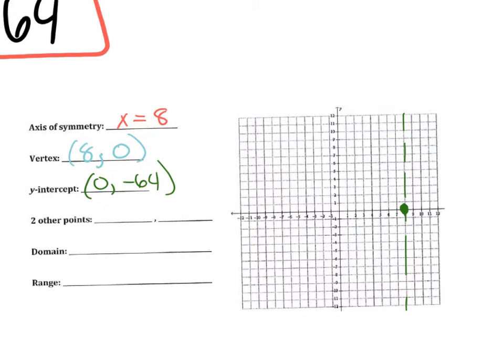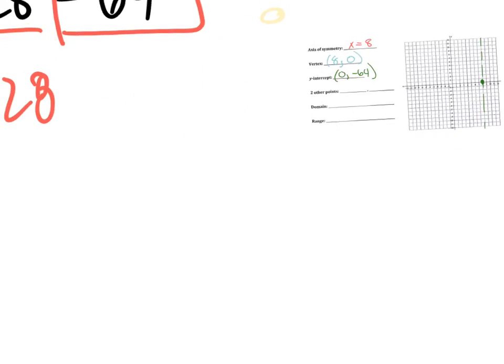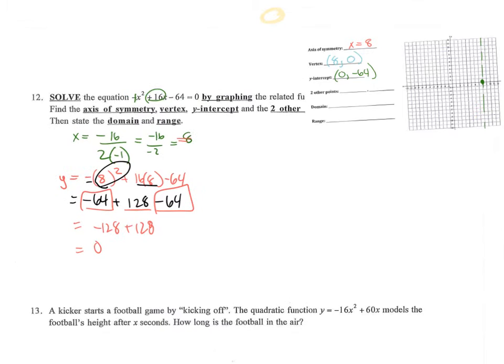Two other points: in order to get two other points, I need to pick some values of x and plug them in. My equation was y equals negative x squared plus 16x minus 64.